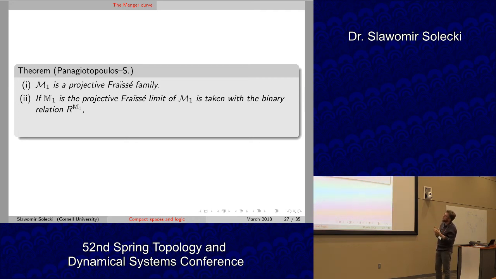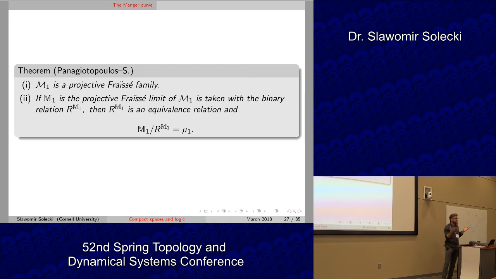So one takes this limit, and there is this binary compact relation. It will be automatically symmetric because R was symmetric on all the structures. It will also be reflexive automatically, but it turns out that it's also transitive. So it turns out that in the limit, this relation is transitive.